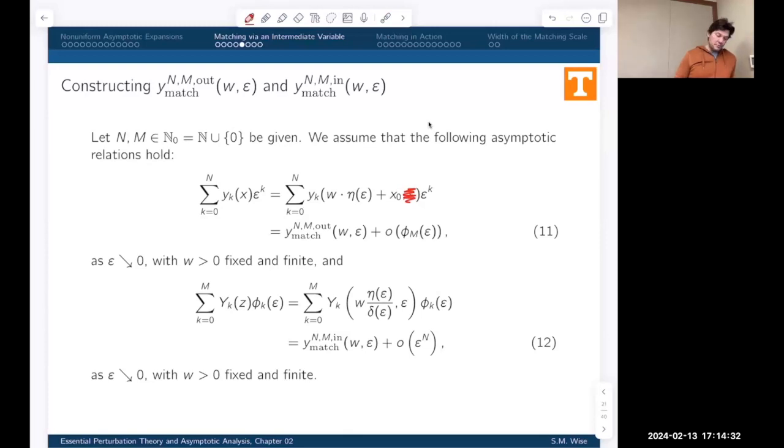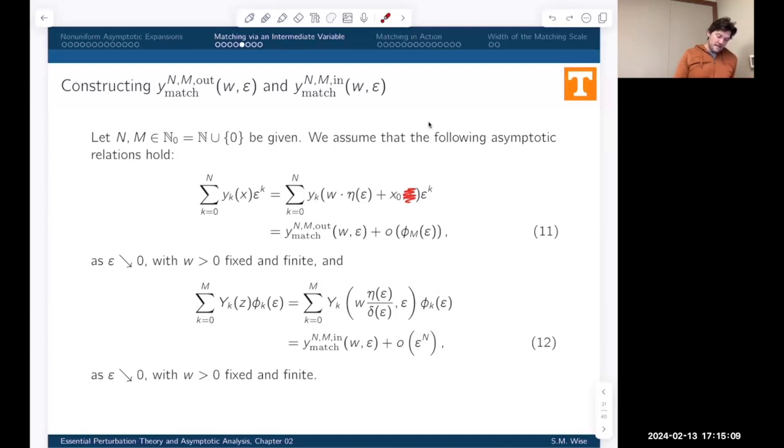I made the mistake of saying that these terms in the power series expansion, multiplying the epsilon powers, depend on epsilon. They do not. They do not have a direct dependence on epsilon. They're just y_k of x, not y_k of x and epsilon, okay? The epsilon dependence comes explicitly in the power.